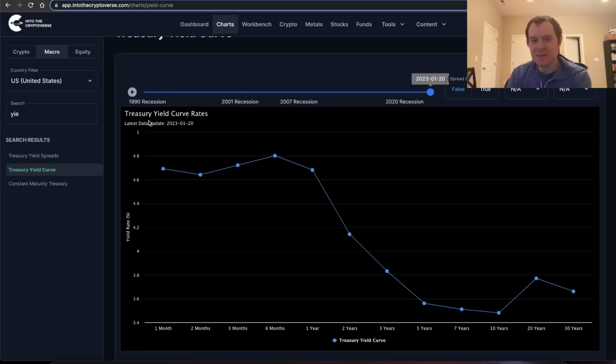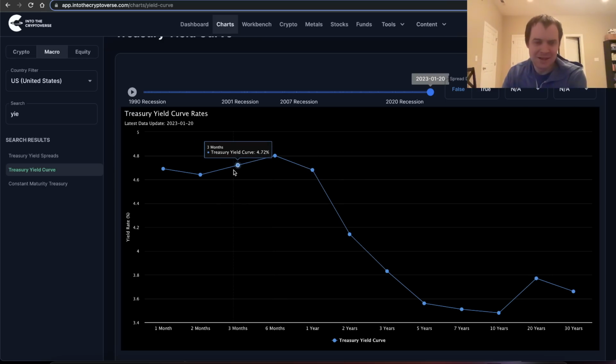But the reason why this is important is if you think about this from a fundamental perspective, right? If you're putting your money in a bank, say in a CD or something, you're locking it up for a while. You would expect, in general, if the economy is healthy, to get a higher yield for holding it in that account for longer periods of time, at least when you annualize it, the APY. So if you're going to put your money in a bank and leave it there for 3 years, it would make sense that you would get more annualized than you would if you were only doing it for 3 months, right?